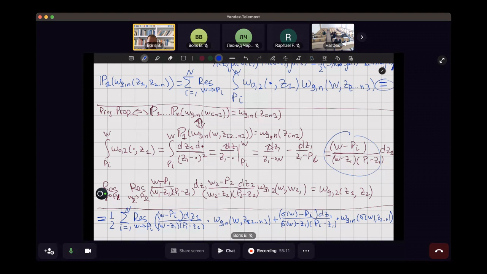Да, мы пока не знаем, где голоморфная часть. Мы только знаем, что это омега Gn просто от Z. Запишем его уравнение. Оно говорит, что омега Gn плюс омега от сигма голоморфно.